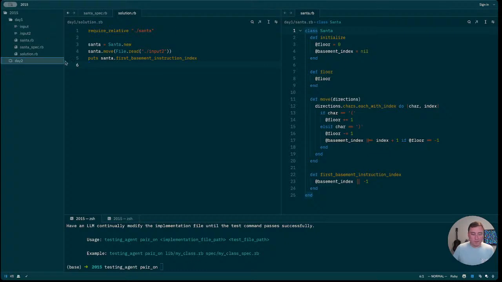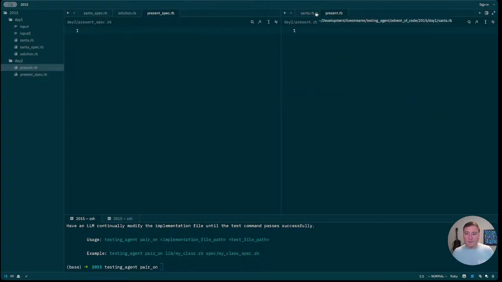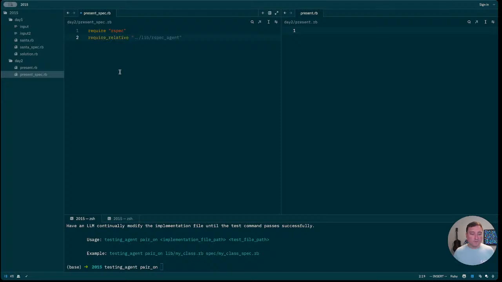So for day two, we're going to have a new file of present.rb and new file of present_spec.rb. And let's go ahead and move present.rb over here and close santa.rb from day one, and we can require rspec and require relative ./present.rb.